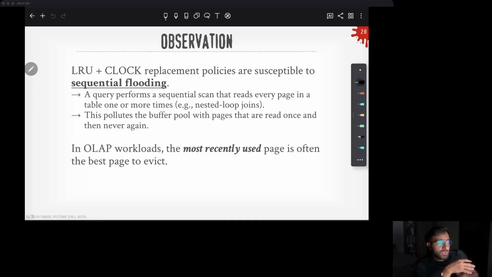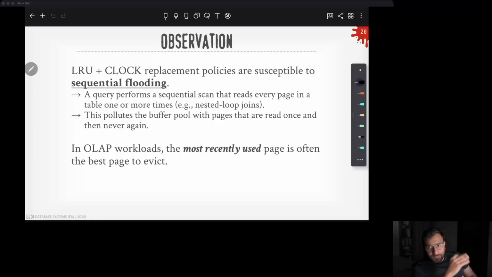They take into account the recency of accesses, but not the frequency. So if you're designing a good page replacement algorithm, you need to keep both factors, recency and frequency, in mind.